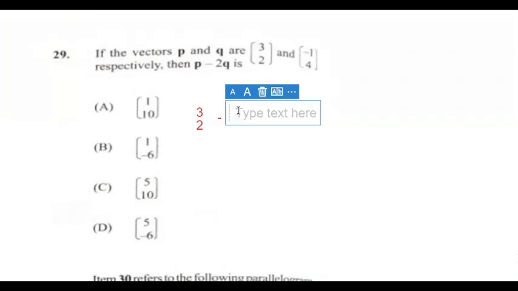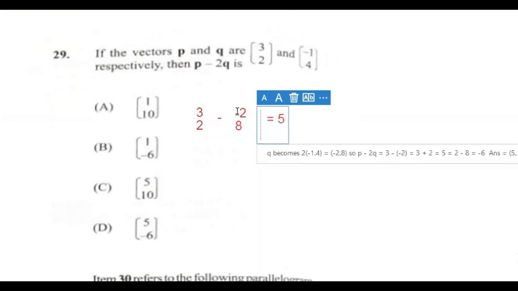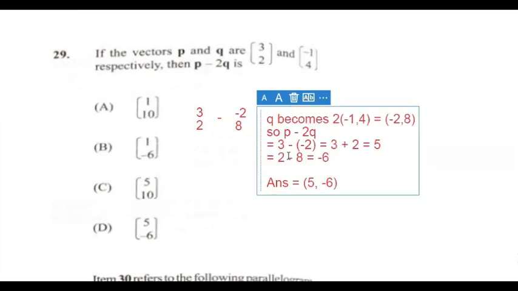29, if the vectors p and q are (3, 2) and (negative 1, 4) respectively, then p minus 2 times q is, so p, which is (3, 2), minus 2 multiplied by q, so it is 2 times negative 1 to give us negative 2, and 2 multiplied by 4 to give us 8, and we are now left with 3 minus negative 2, and remember negative times negative, so it is this sign times this sign to give us positive, so it becomes 3 plus 2 to give us 5, and 2 minus 8 to give us negative 6, and that is it right there.